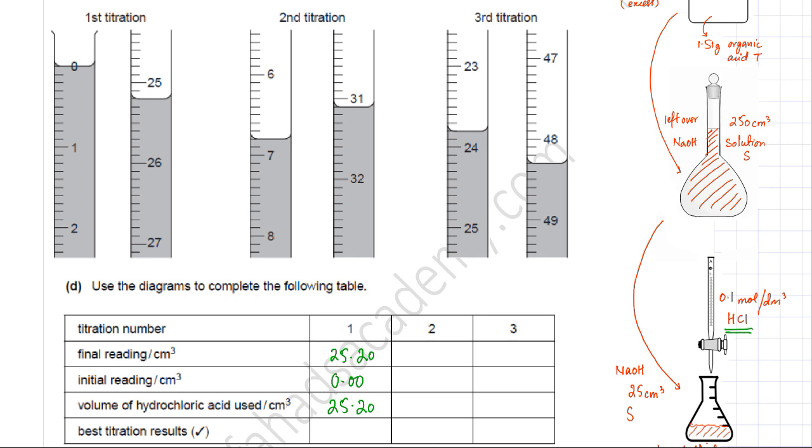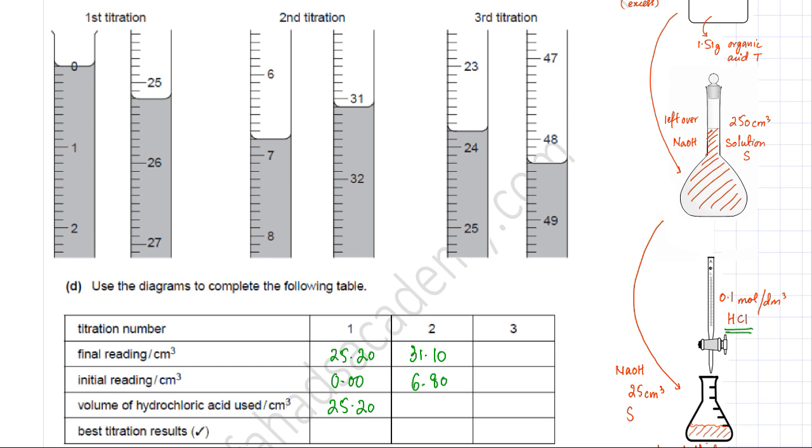In the second titration, the initial value is 6.80 centimeter cube and the final is 31.10 centimeter cube. So the amount of acid that's added in the second titration is going to be the difference between the 2 values.